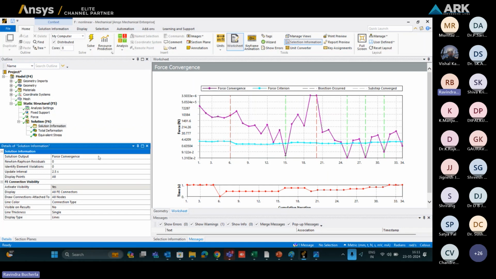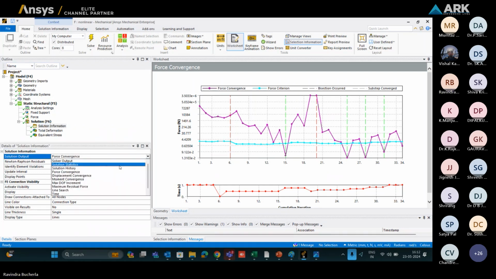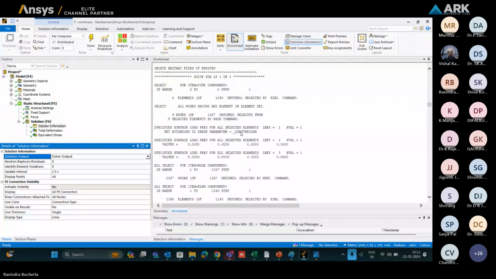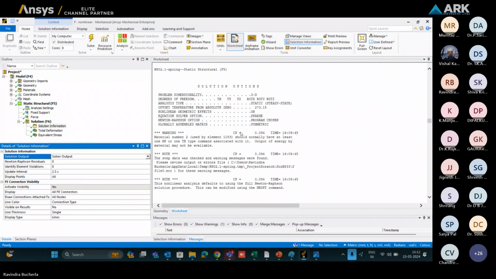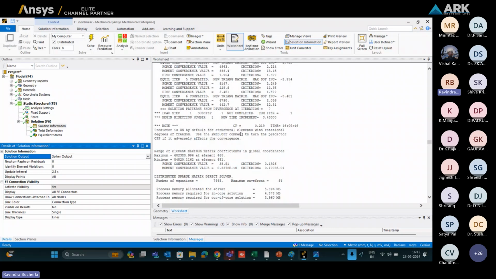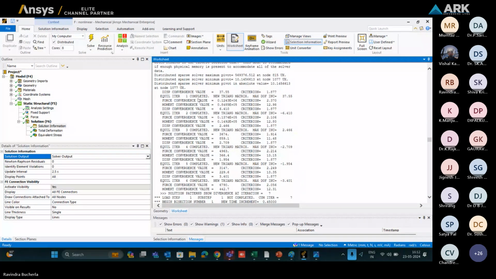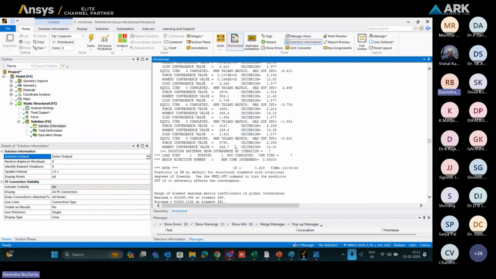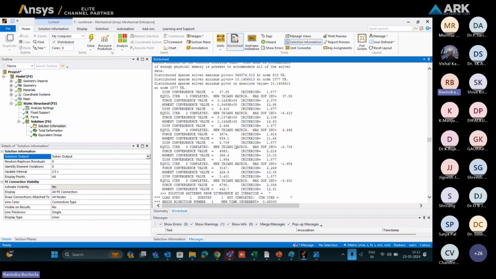Let me show you the solution information. Okay, so you can see the first iteration is solved here. And here we can see there are 3 types of convergence. One is force convergence.